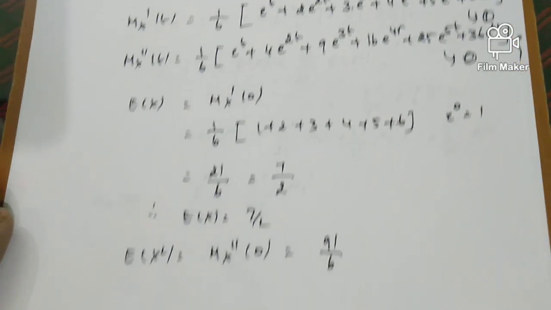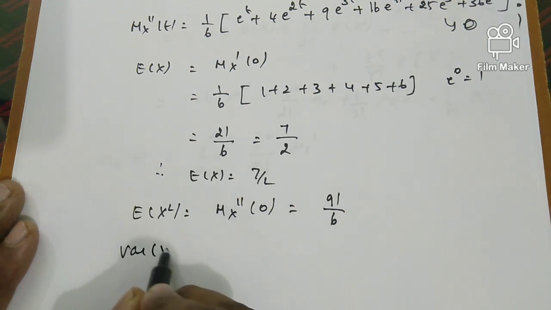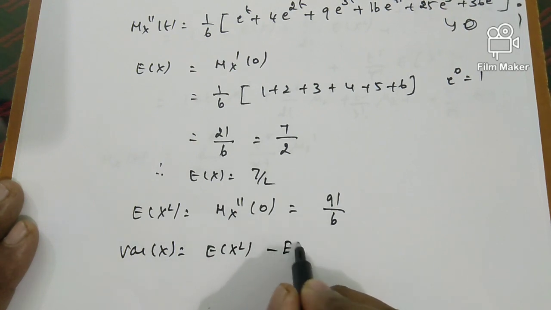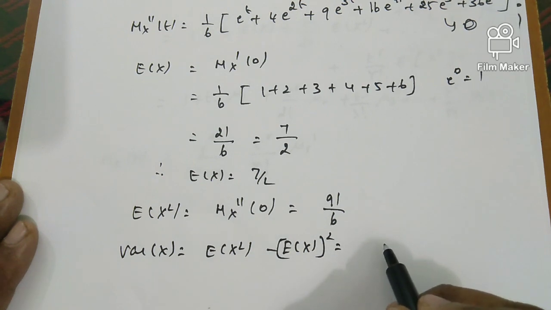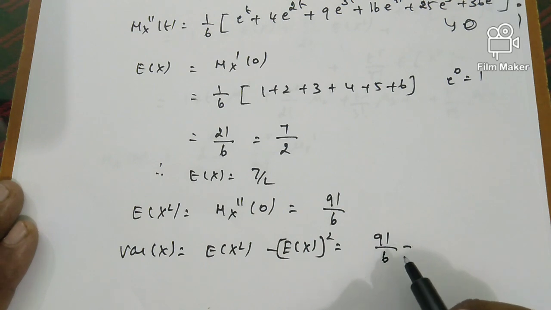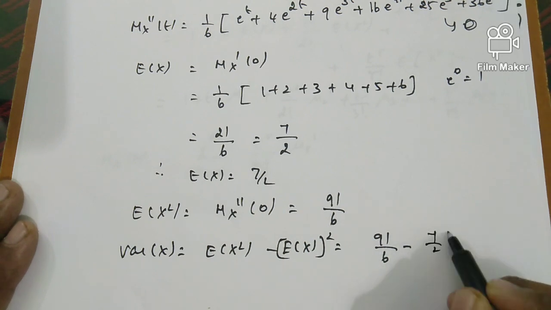We know that variance of x is equal to E of x square minus E of x the whole square. Substituting the value here, 91 by 6 minus E of x. What is our E of x? E of x is 7 by 2, the whole square.